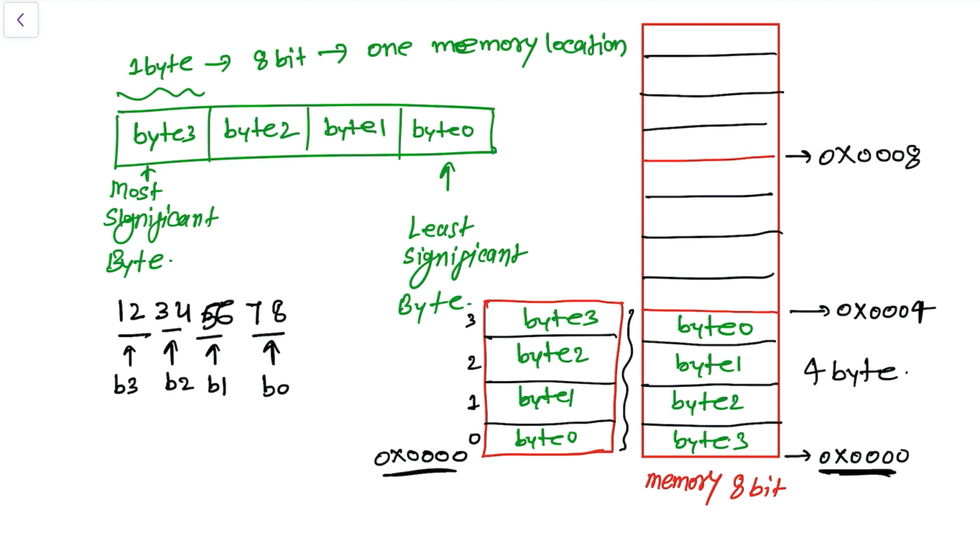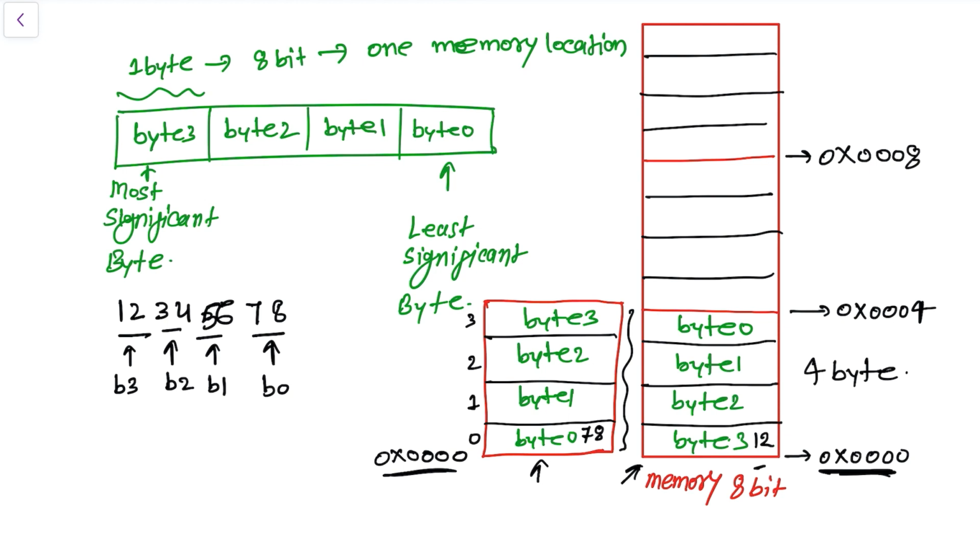In this case we can store 78 first, otherwise we can store 12 first. So we have the option to store the values, first 78 here, and in the other case 12 first.